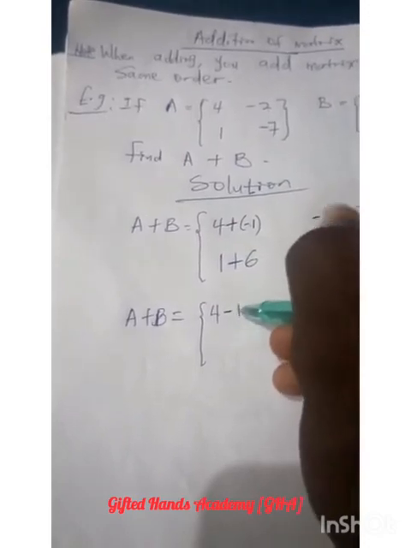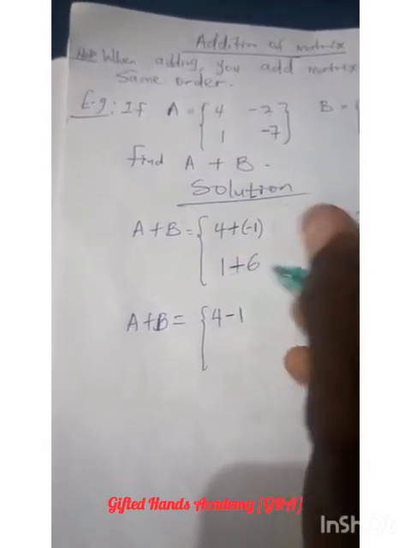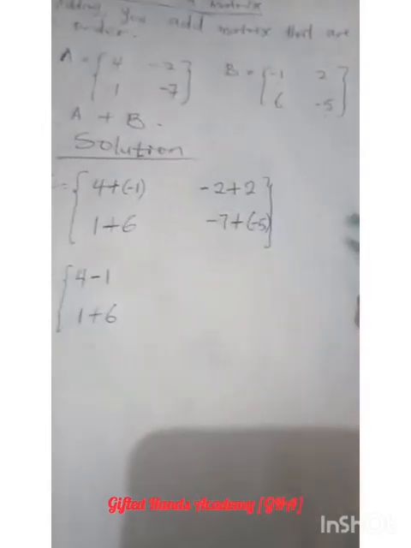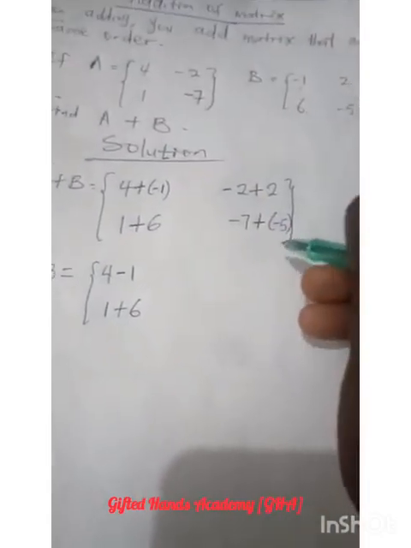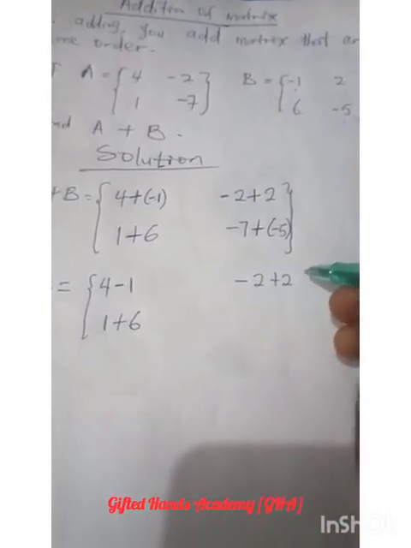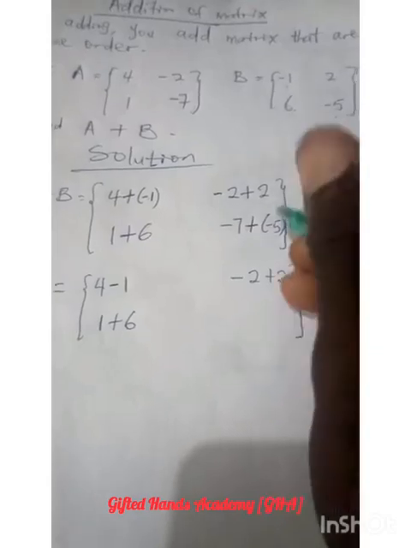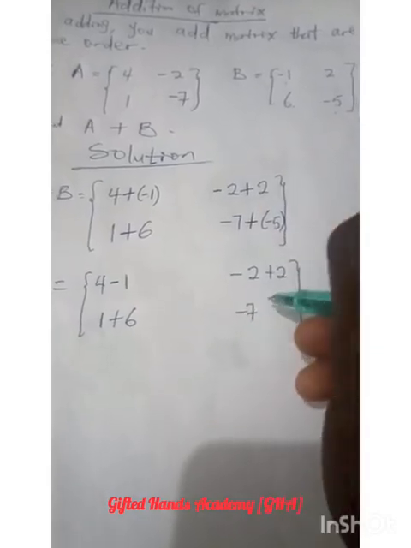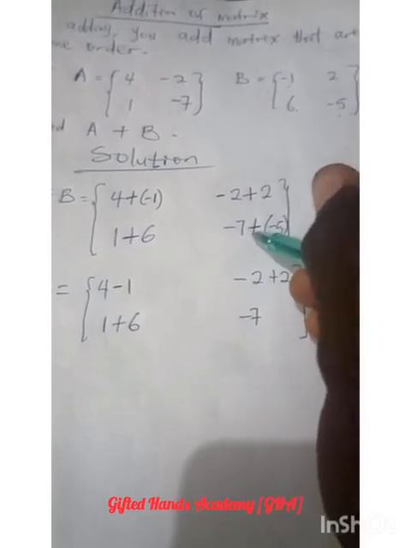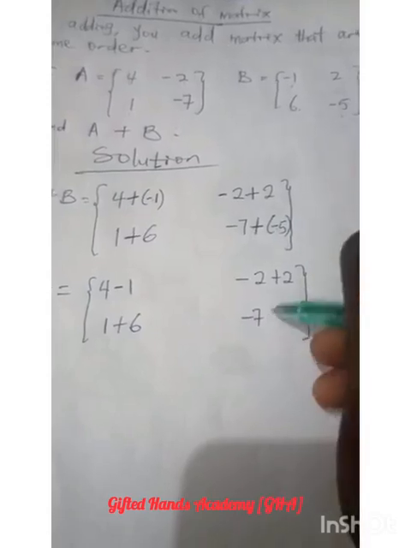So 4 minus 1, that's what I have there. Then this one I have 1 plus 6 still remains. I don't want to jump any step, just follow. I want to deal with the sign first. This is minus 2 plus 2. Okay. Then this is minus 7. Let's deal with the sign. This is plus. This is minus. So plus times minus is what?